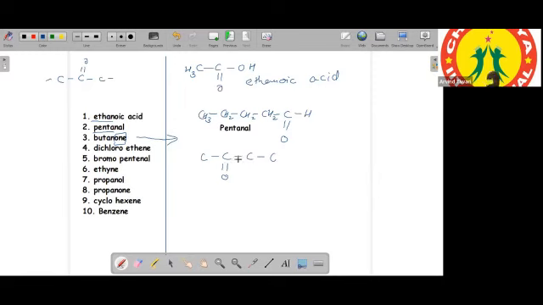It cannot make more than that. This carbon is lacking two bonds, so it will have two hydrogens. This carbon will have three hydrogens, and this carbon will have three hydrogens, and hence you have the structure of butanone.